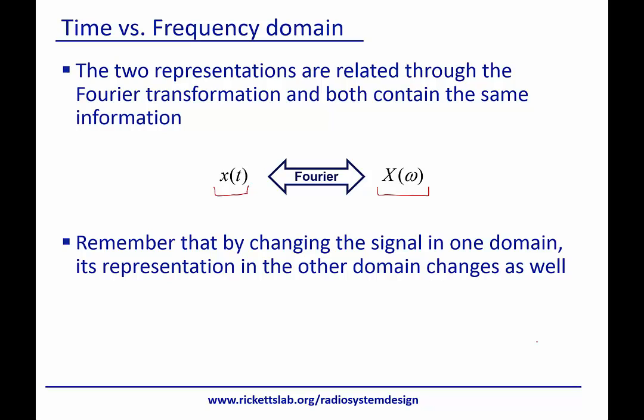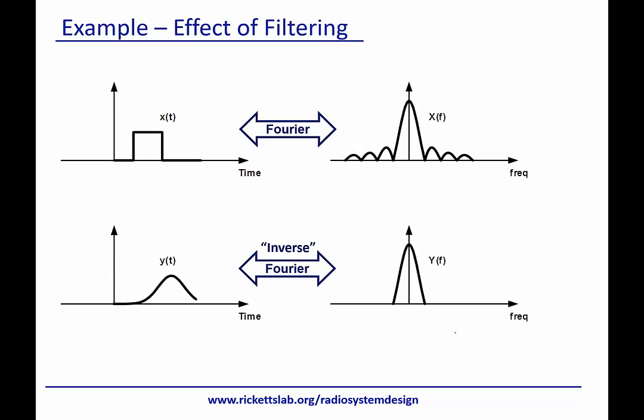However, the change is not the same. If we change this signal here, X of omega does change, but the change happens through the Fourier transform. So except for linear multiplications by scalars, changing x of t, for instance shifting in time, does not just simply shift that on the axis, but this should be review for you.